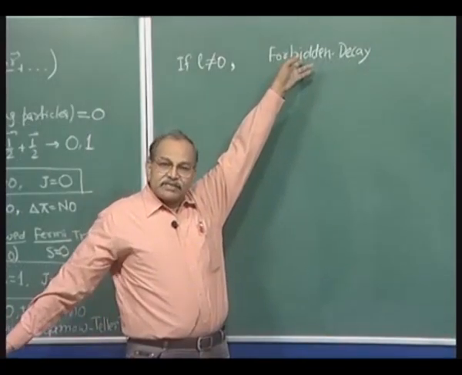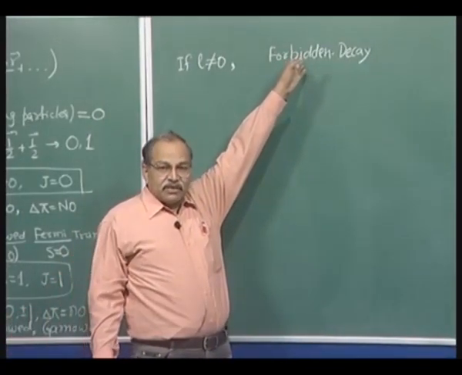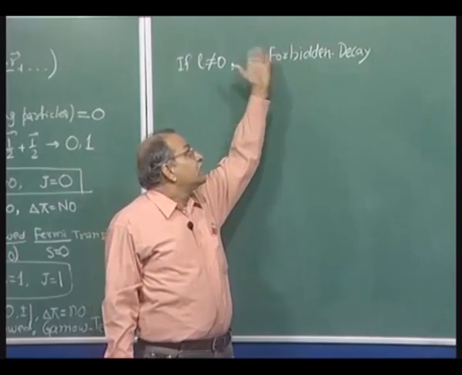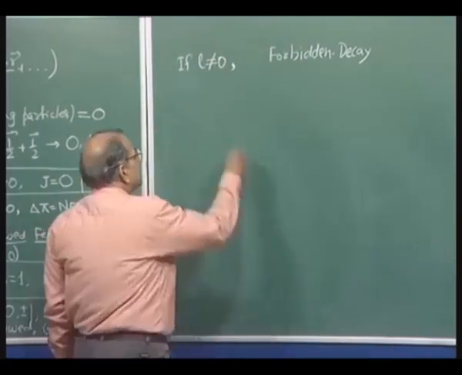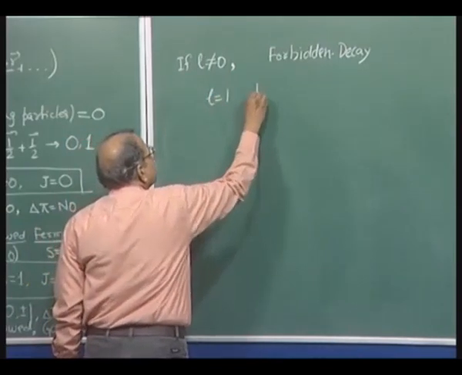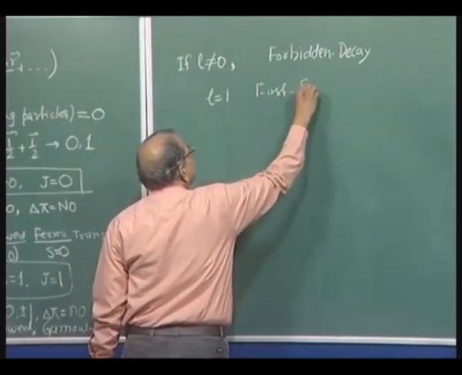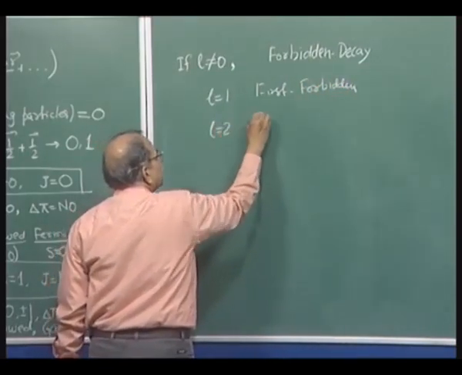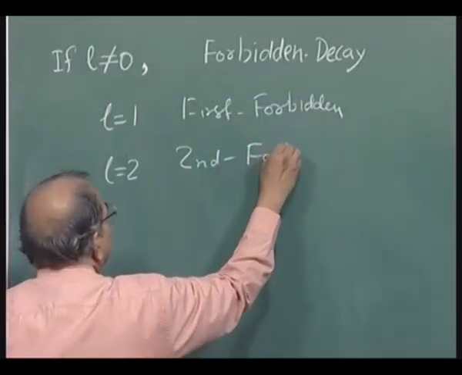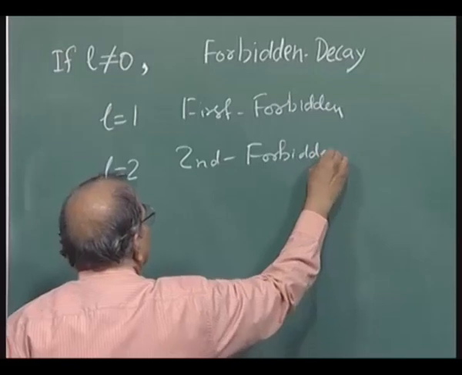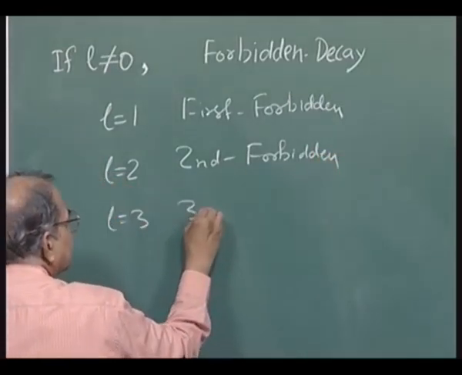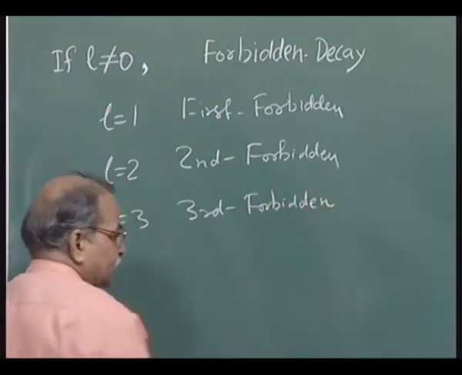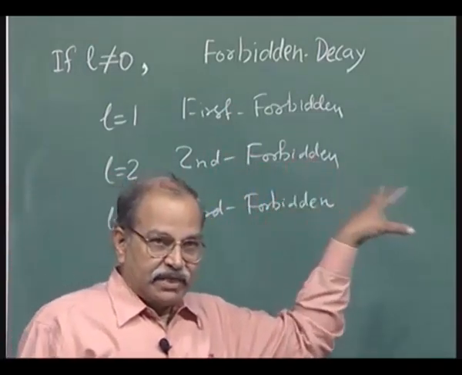If allowed transitions are possible they dominate, but if allowed transitions are not possible, then these are the modes of beta decay. If L is equal to 1, you call it first forbidden, if L is equal to 2, second forbidden, and L equal to 3, third forbidden, and so on. So, in place of allowed, now you have forbidden decays.